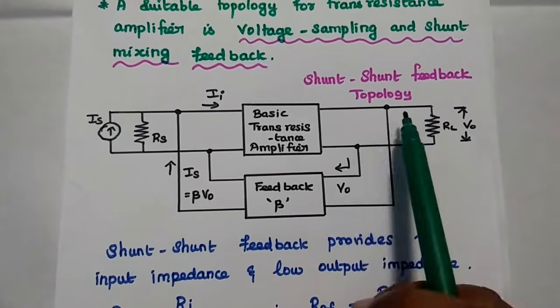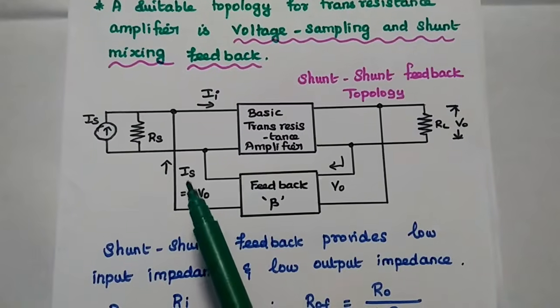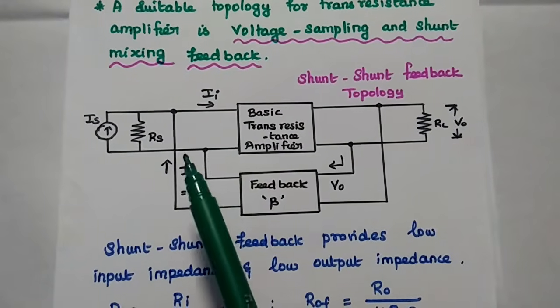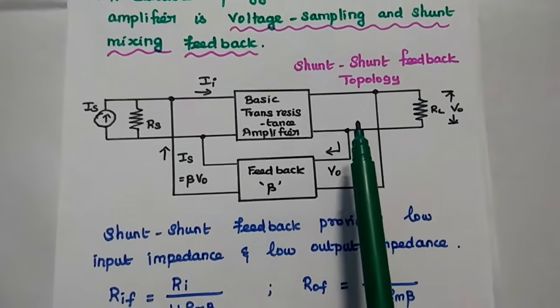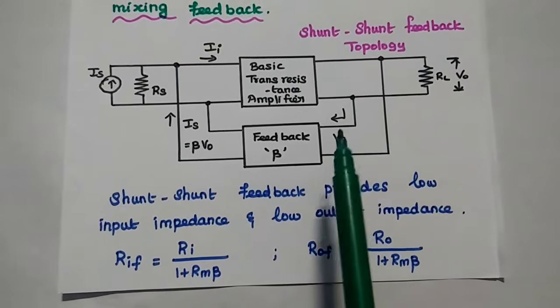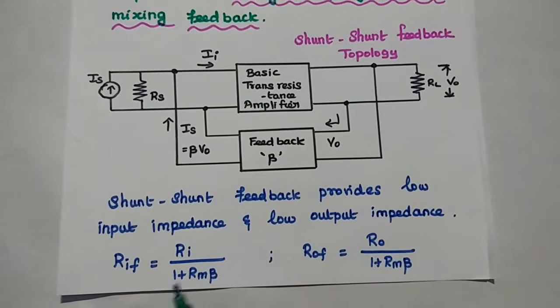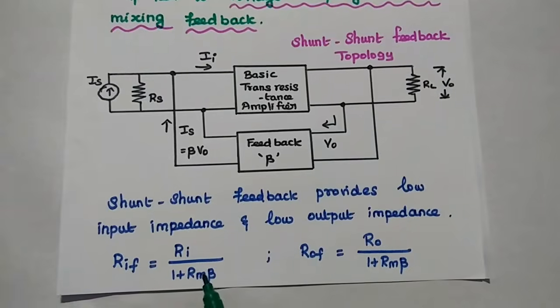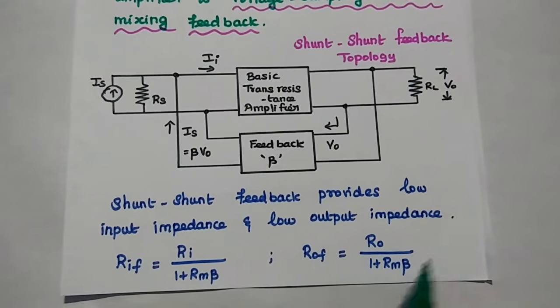For that we use shunt connection, and the feedback is given in parallel form, that is called shunt. Shunt feedback topology is used to provide low input impedance and low output impedance. So here RIF is equal to RI by 1 plus Rm beta, ROF is equal to RO by 1 plus Rm beta.